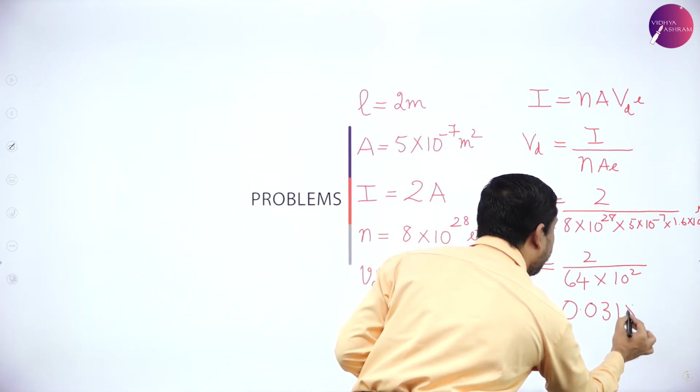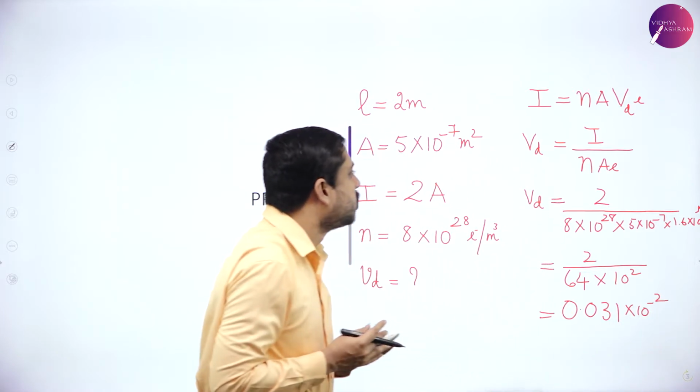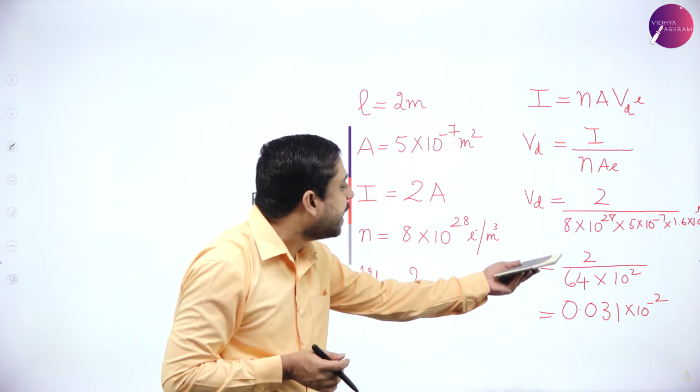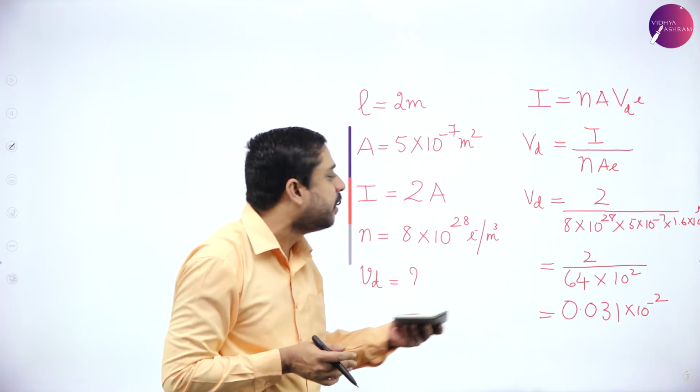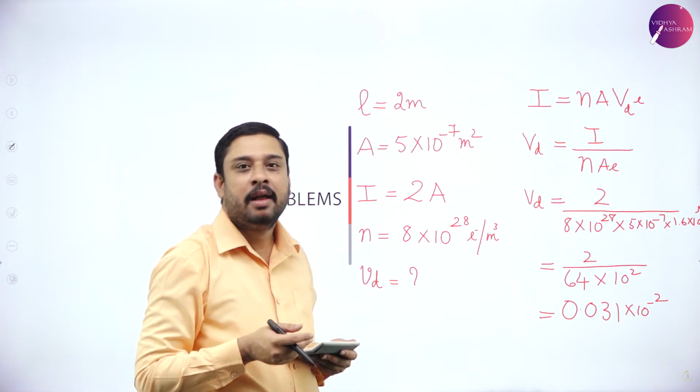So into 10 power minus 2. So drift velocity is 0.031 into 10 power minus 2.